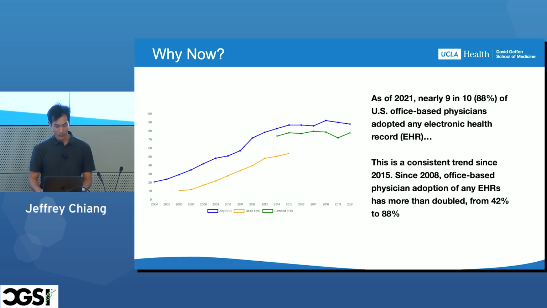And we can see this as of 2021. Sorry, these slides are a little bit old. Nearly 9 in 10 US-based physician offices adopted these electronic health record systems, which really sets the stage for us to be able to develop these more general, we can call them foundational models for EHR.